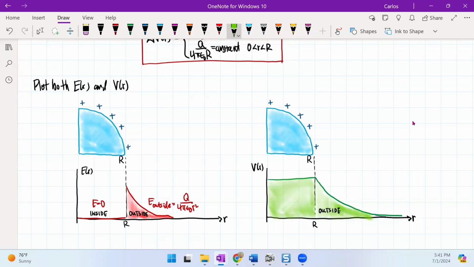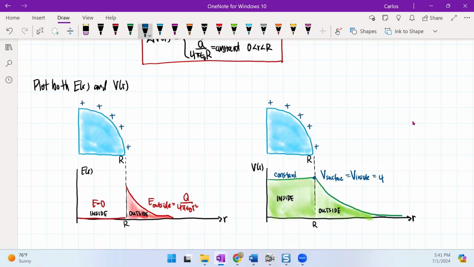So I see that's the outside. I'm in the inside right here. And you could see that this field right here is going to be a constant field. And right here at the surface, we see that the surface value is also equal to the value inside.